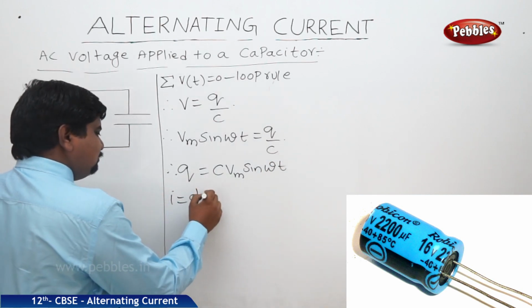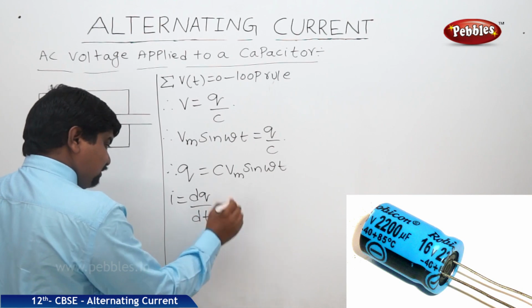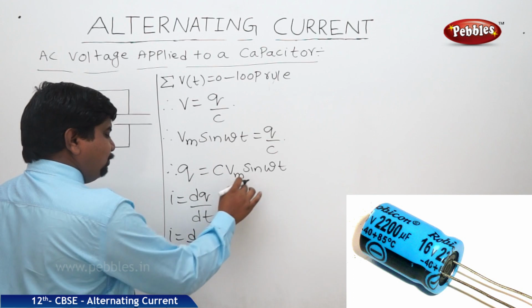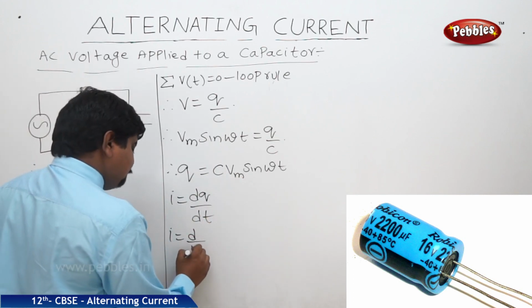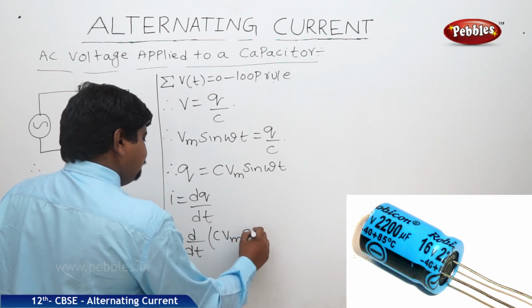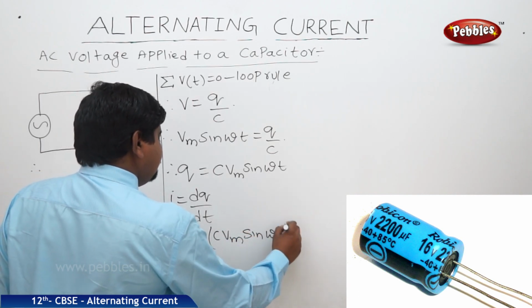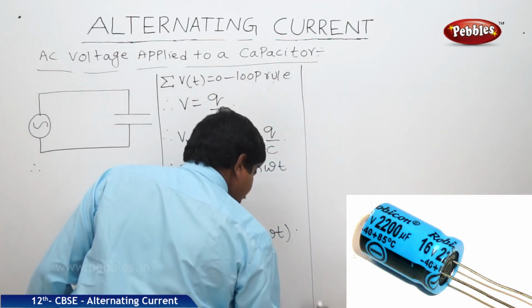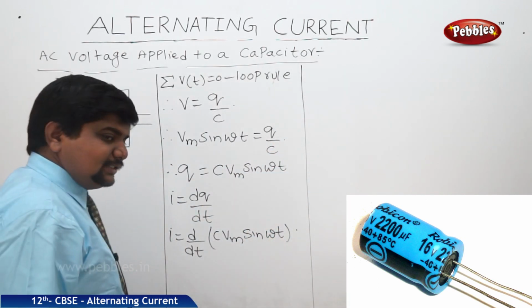Current I is equal to dq by dt. Therefore, I am finding I by differentiating the Q value with respect to time. Q is C Vm sin omega t. Now, the differentiation will be like this.